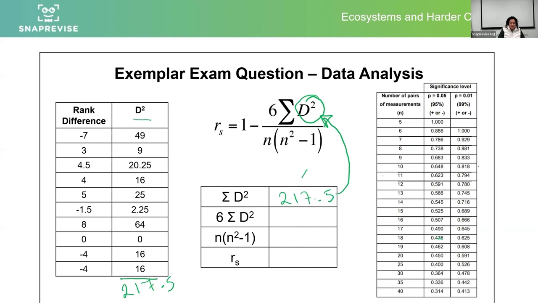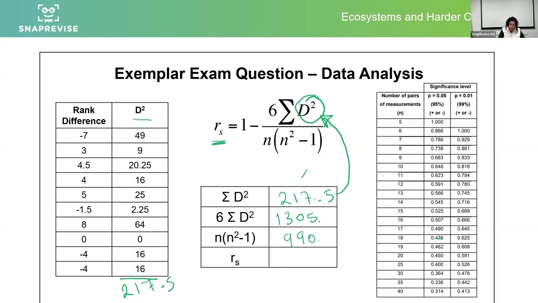Multiply it times 6, because that's my formula, which gives me 1305. And now for the denominator. N, of course, is the sample size, the number of individuals. If I calculate this entire denominator, it gives me 990.